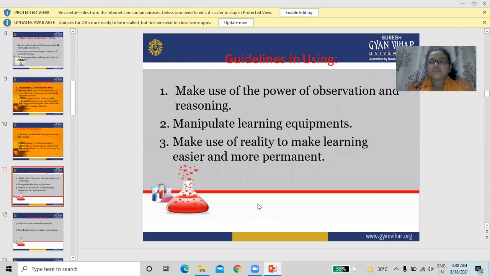Now we will discuss guidelines for using the laboratory method. Make use of power of observation and reasoning.